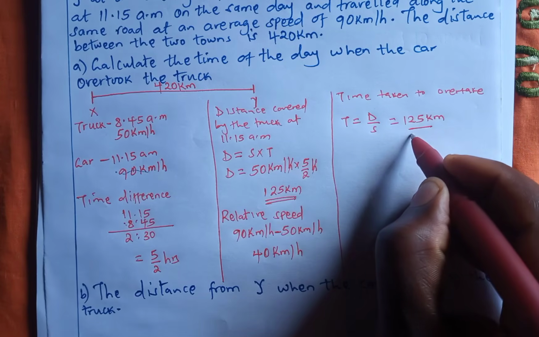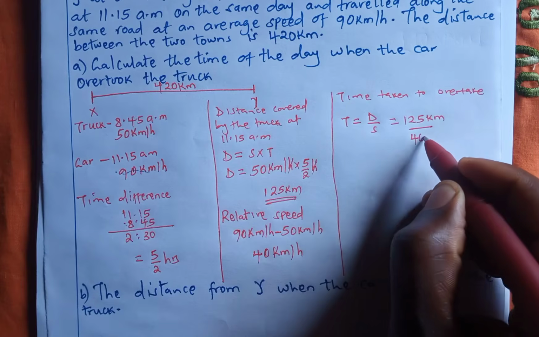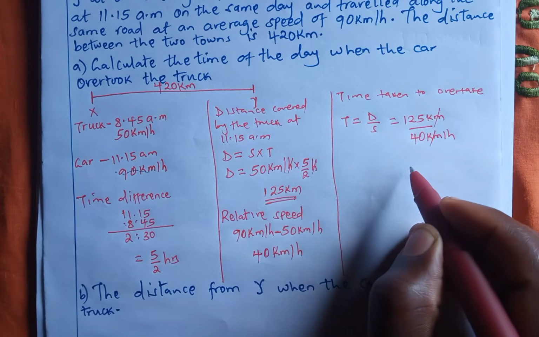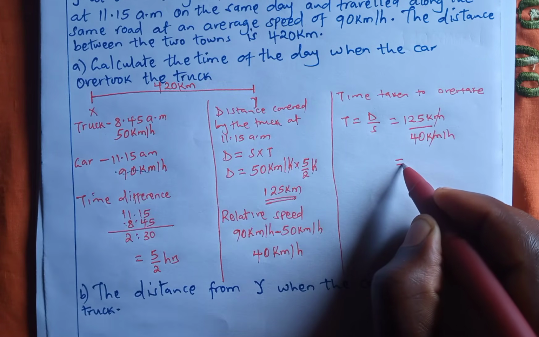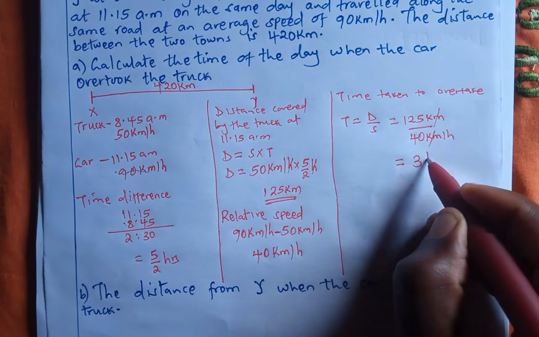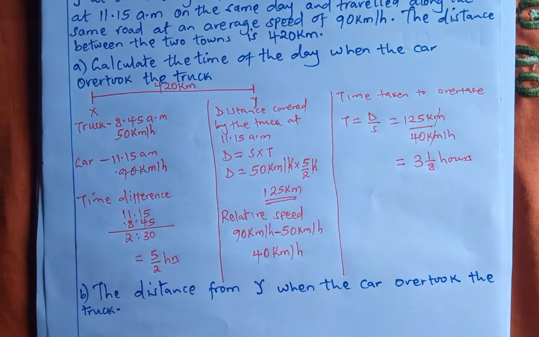We divide by the difference in speed, which is 40 kilometers per hour. Kilometers and kilometers will cancel. We end up getting a time of 3 and 1 over 8 hours.